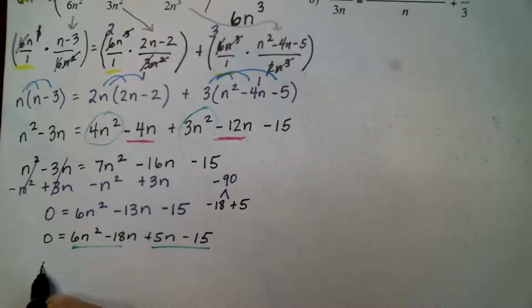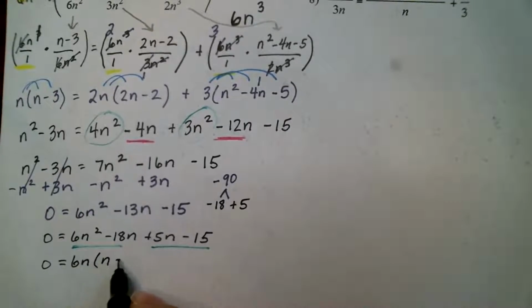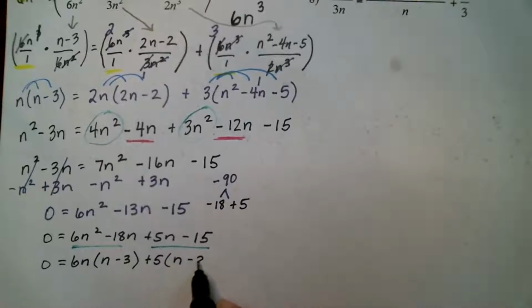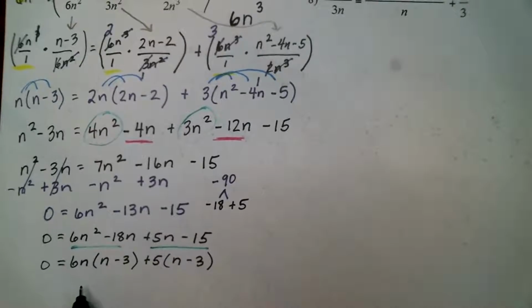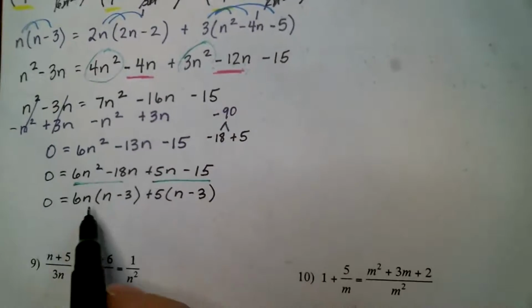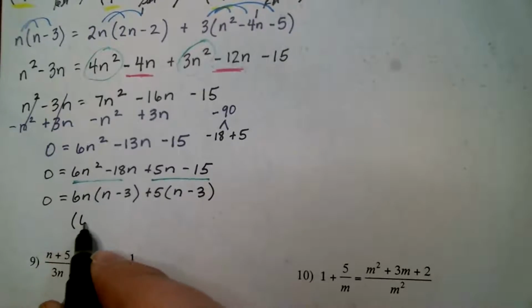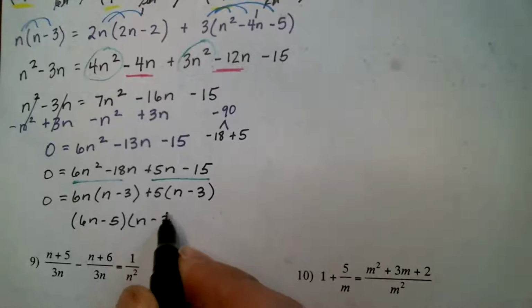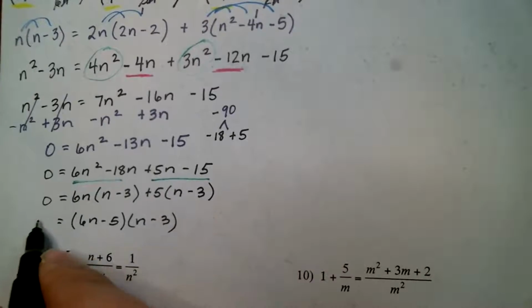I get 0 is equal to, I can factor a 6n out here, and I'm left with n minus 3. Here I can factor out a plus 5, and I'm left with n minus 3. I then bring these two together and get 6n minus 5 and n minus 3, and all that's equal to 0.